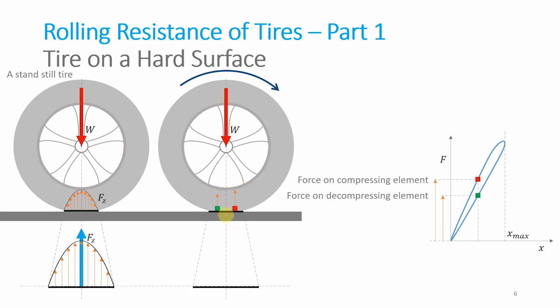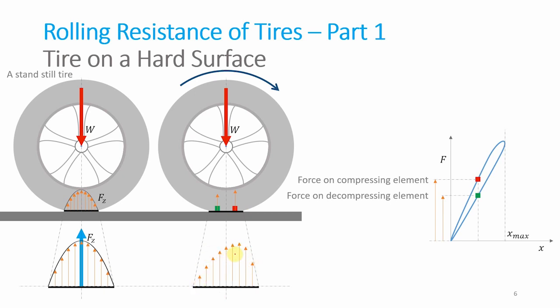Now let us see what happens to the other symmetrical elements. So let's take another symmetrical element, maybe here, and draw the forces, and you can see that the same pattern follows. That means at the front side of the tire more force is exerted by that element, and on the rear side lesser force is exerted. The same thing is true for all other symmetrical elements. That means the front part of the tire will have more forces and the rear part of the tire will have lesser forces.